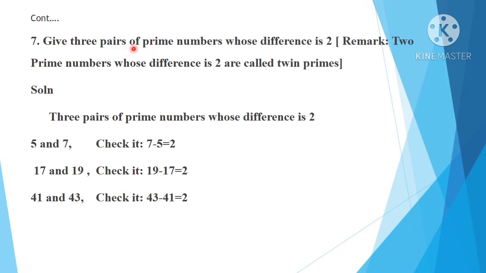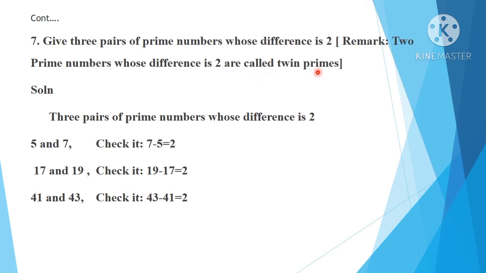And they have given a remark. What is the remark? Two prime numbers whose difference is 2 are called twin primes. So when we take two prime numbers and subtract them, if we get the answer 2, then those prime numbers are known as twin primes.